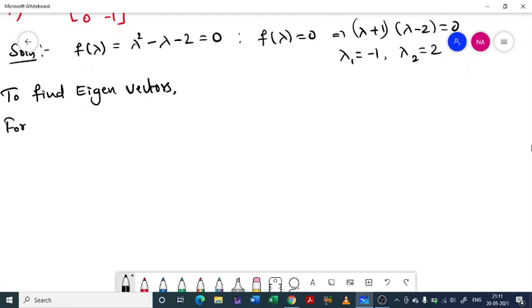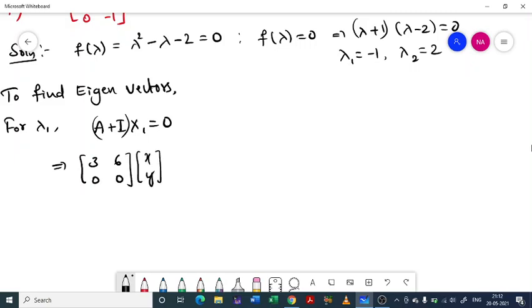for lambda 1, A plus 1 times I, that is simply (A plus I) x1 equal to 0. You have to add 1 to the diagonal entries, so we get [3 6; 0 0] times (x, y) equal to (0, 0).